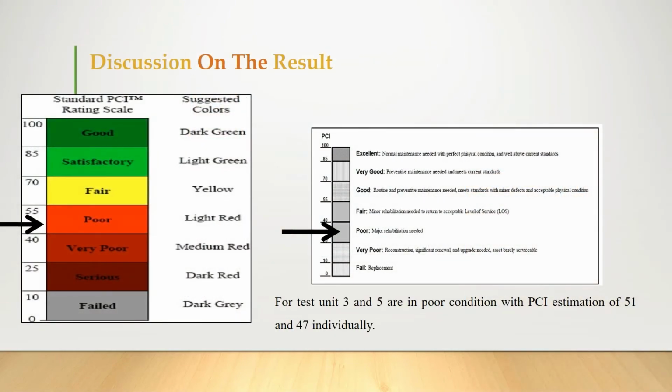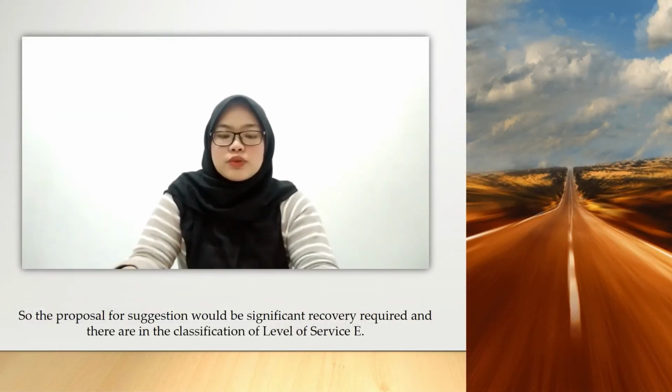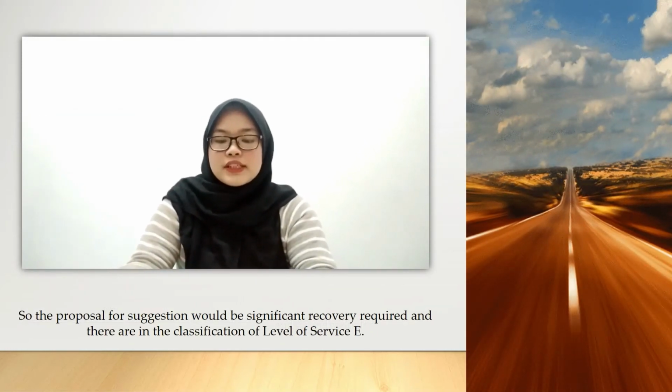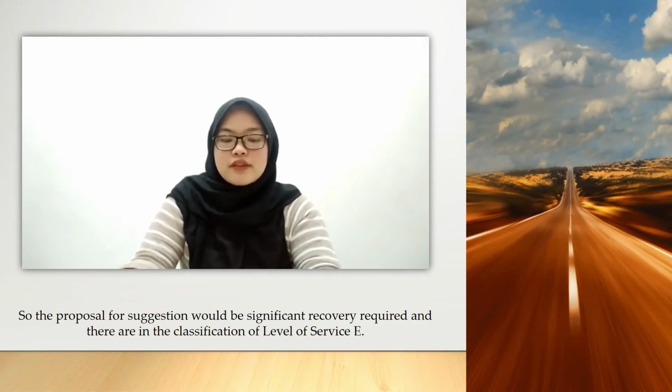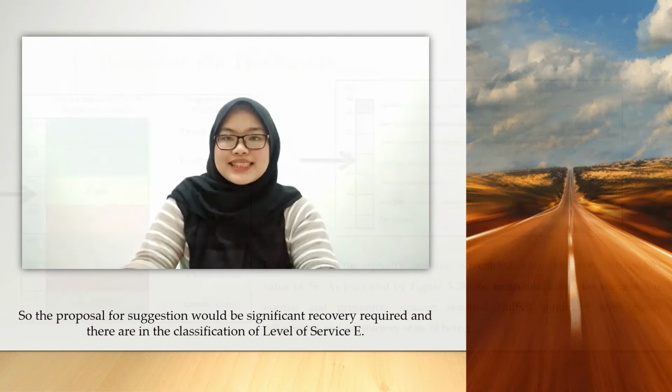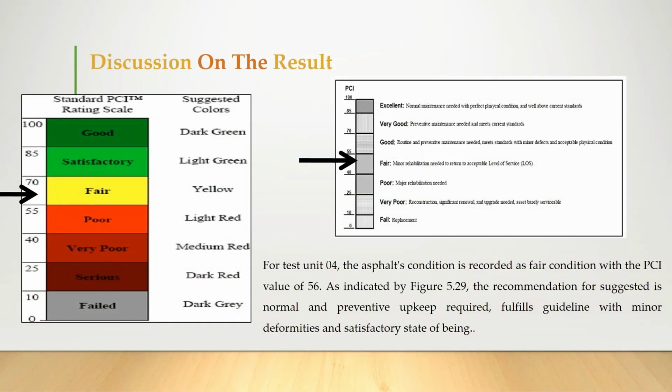Thank you, Yohanis. Test Units 3 and 5 are in poor condition with PCI estimation of 51 and 47 respectively. So, the suggestion would be that significant recovery is required, and they are in the classification of level of service E. For test Unit 4, the asphalt condition is recorded as fair condition with the PCI value of 56.